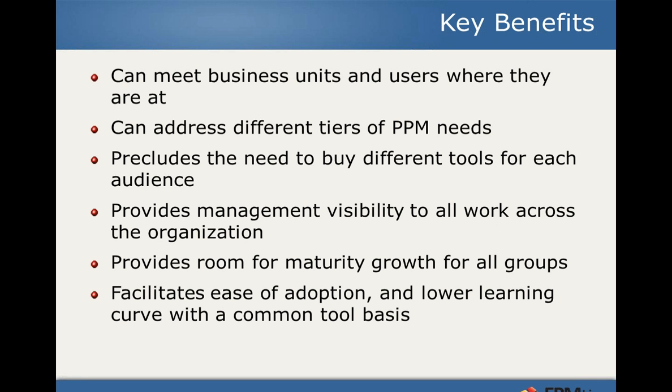You don't have to just say, hey, organization A can only do such, so everybody has to go into that. Conversely, you don't have to hit a level of rigor that meets the needs of your more sophisticated organization and have everybody else churn and try to keep up in a futile attempt to make it work for them if they're not ready to do so. So we're addressing different tiers of PPM needs across different areas or audiences in the organization.